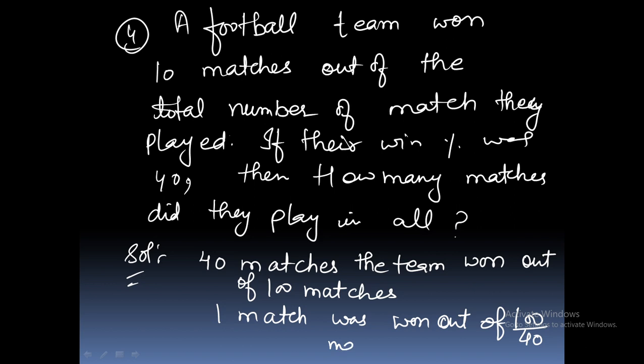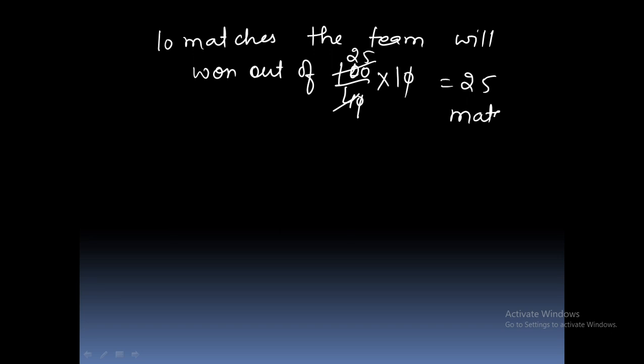Then 10 matches the team won: 100 over 40 multiplied by 10. 0 cut with 0, 4 divided into 100. Answer is 25 matches.